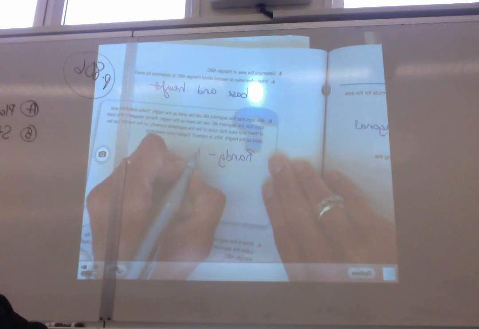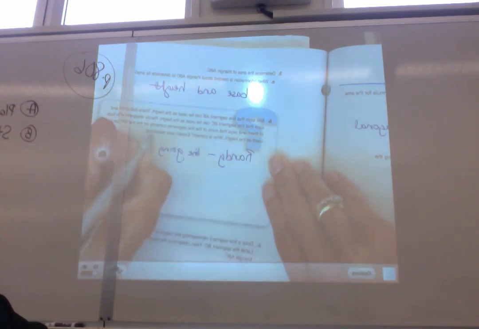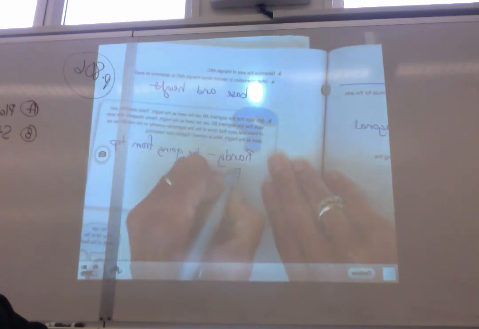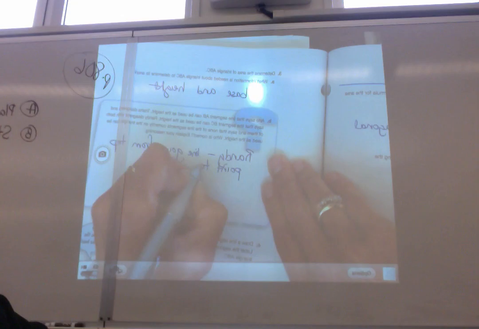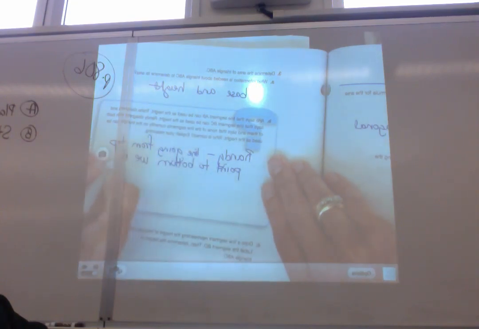A line going from top point to bottom. Now both of those two line segments go from the top to the bottom, but what do we need different about this? It's only a vertical line.